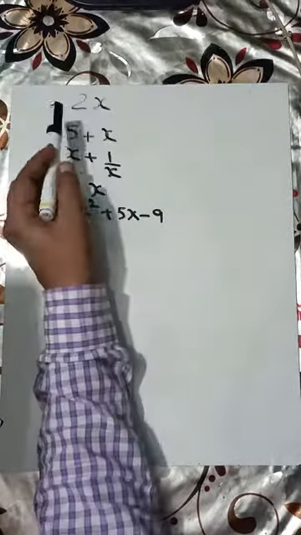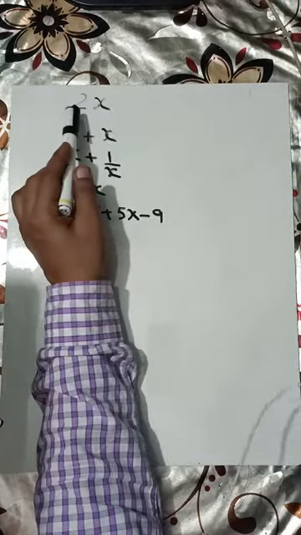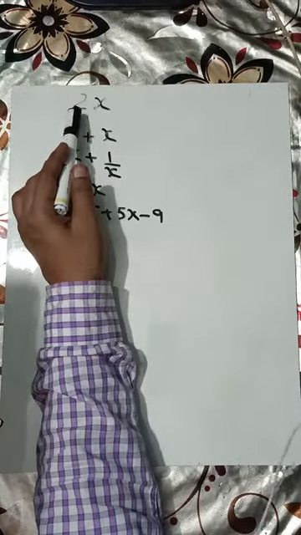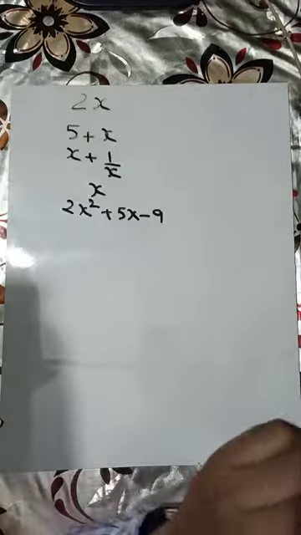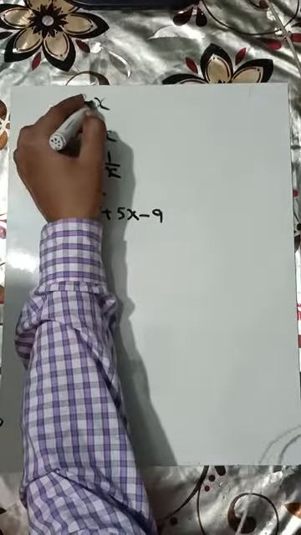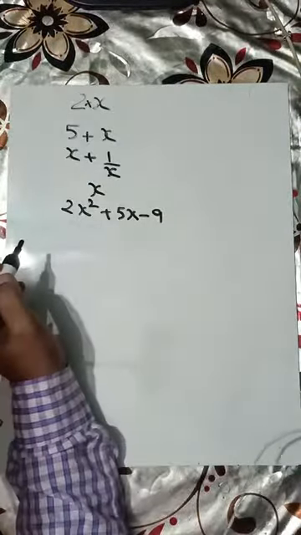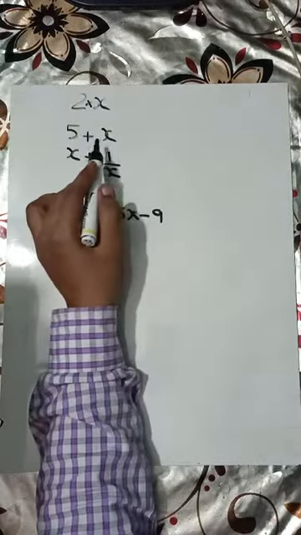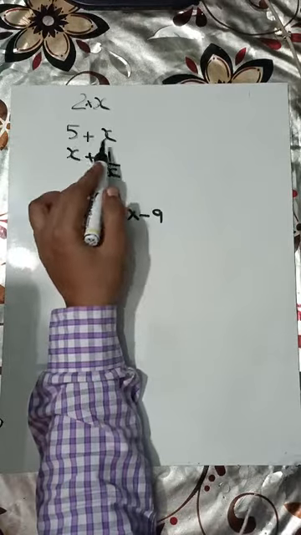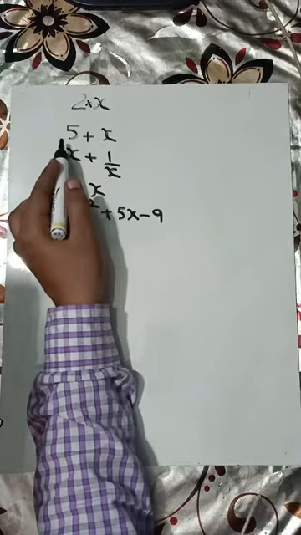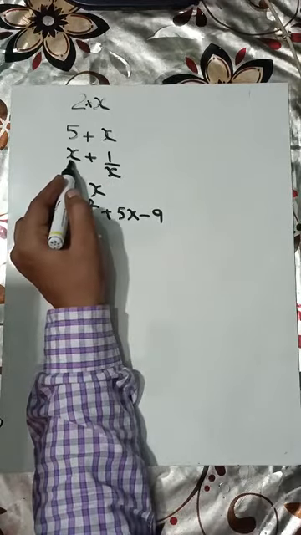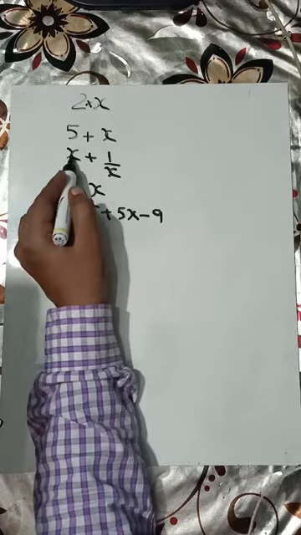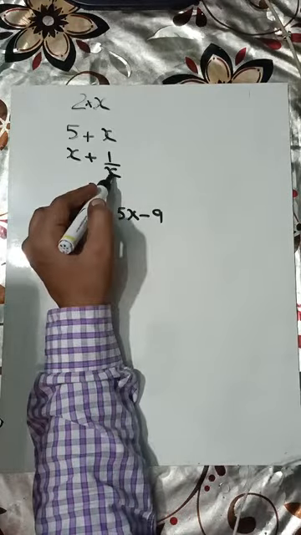Look at this first one. It is 2x. See, the constant 2 and x are combined with multiplication. There is a multiplication in between them. So this is an algebraic expression. 5 plus x: this is a constant and a variable combined with a plus sign. This is an algebraic expression. This is a constant, and this is a variable.